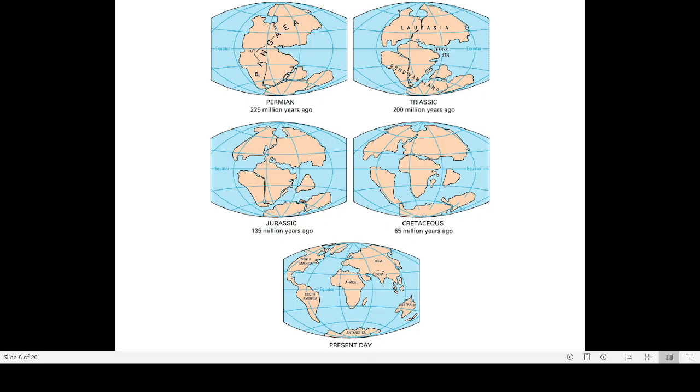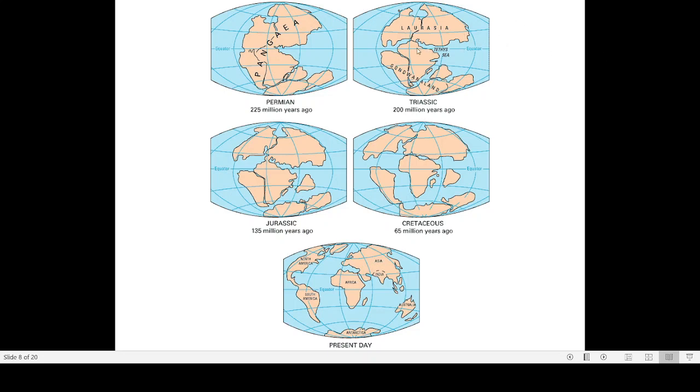Whereas the remaining continents like South America, Africa, India, Antarctica, and Australia were all connected with each other and are known as Gondwanaland. So that is around 200 million years ago. We find two major continents: one is Laurasia and the other is Gondwanaland.